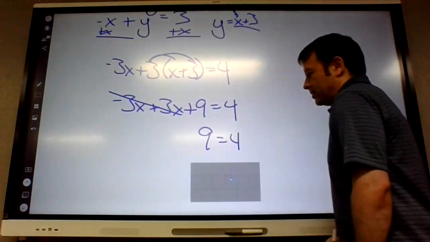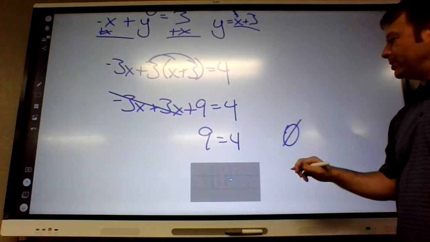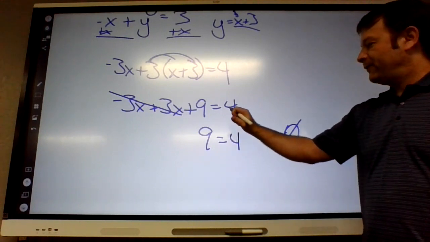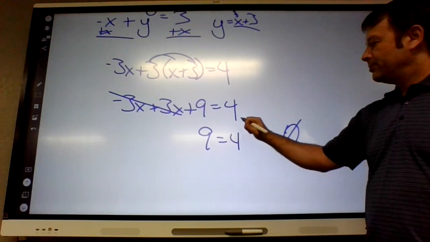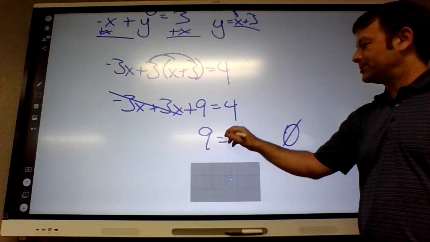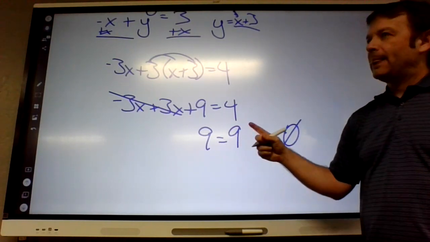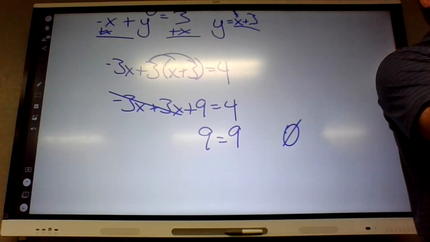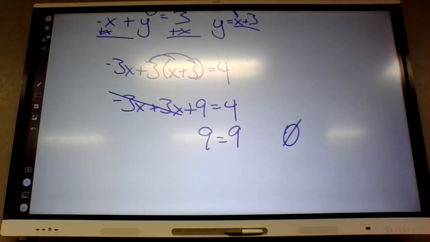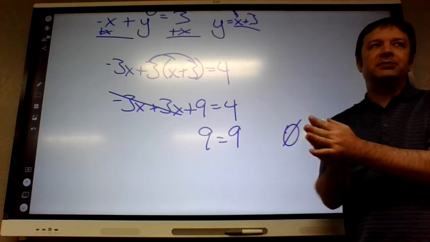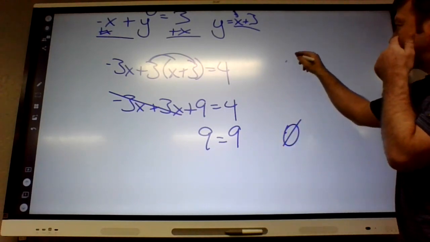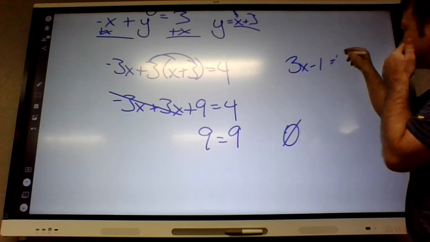Okay, I need to make an important note. This will come up later. There's no weird ones on the evens. But if this had said 9 equals 9, when we had a one variable problem, it was all real numbers, like solving 3x minus 1 equals 3x minus 1.